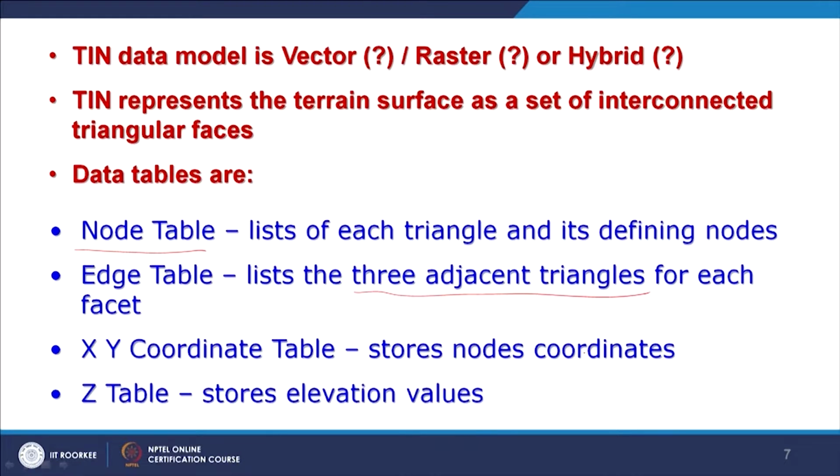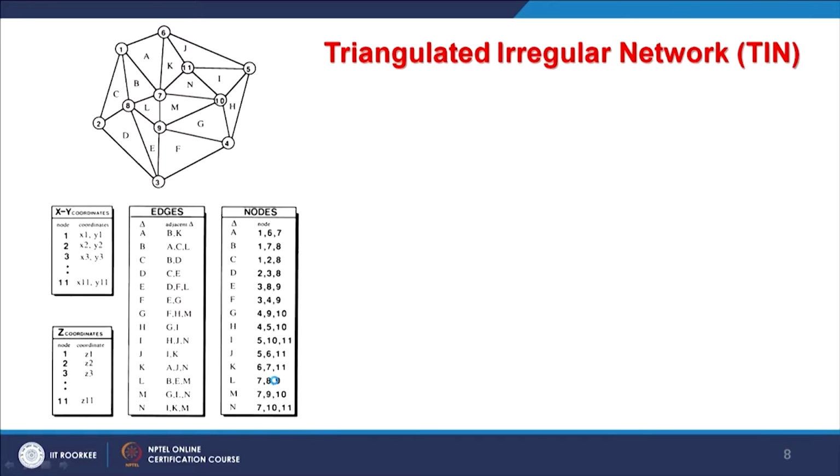And finally the fourth one is the Z table, which stores, here by default, the elevation value, but this value can be pH value or any other parameter, so that one does not have to bother. In general we always call it elevation, but elevation does not mean it has to always be a height value. Now here is a triangle with four table examples.